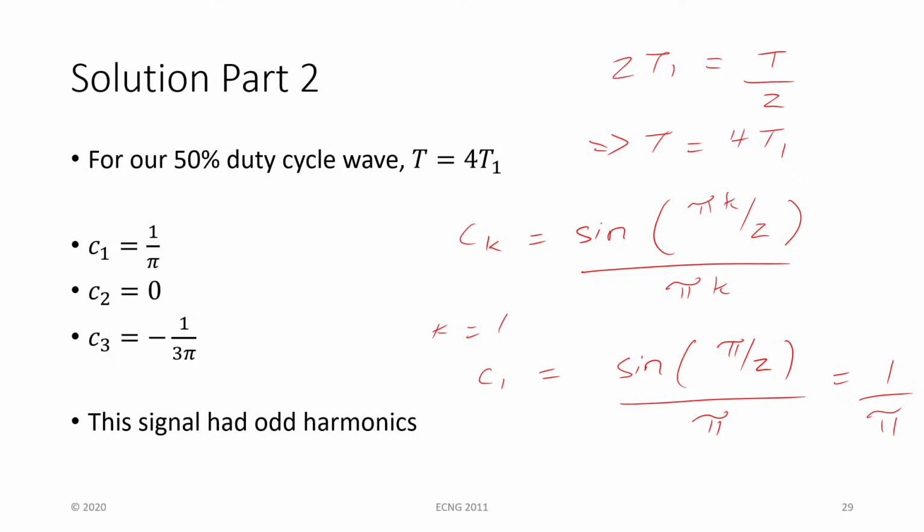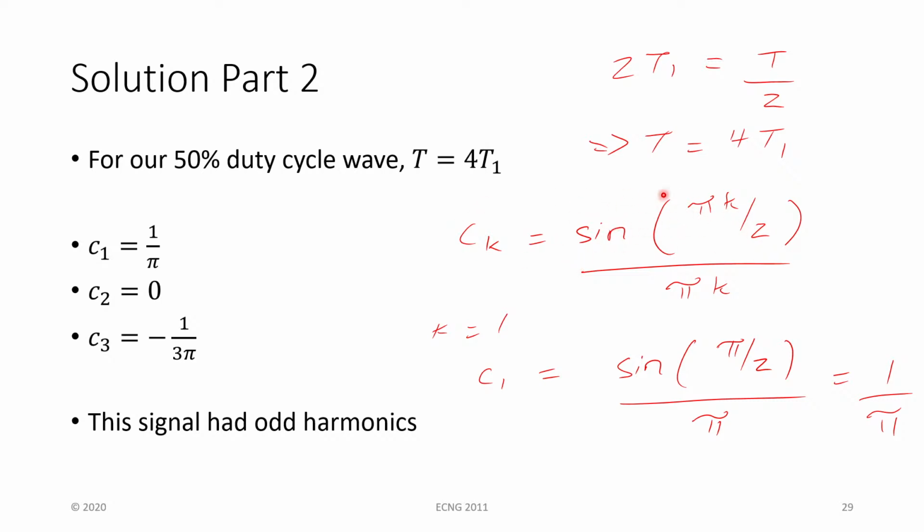C2, where we say k is equal to 2, that means we'll end up getting sine of pi, and sine of 180 degrees, because pi is 180 degrees, is just going to be 0. So that's how we end up getting it for k equals 2, because if 2 is here, these 2's will cancel, so we get sine of pi on the numerator, and sine of pi is basically 0.